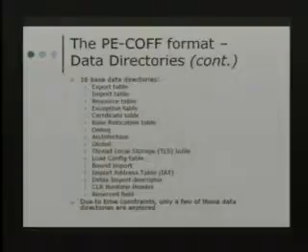You can see them all there. The only things I'm really dealing with at the moment are the export table, import table, and address table, and I believe that's it at the moment, and that just provides real basic information about what the program actually exports, if it's a DLL, or imports otherwise, or both ways around.